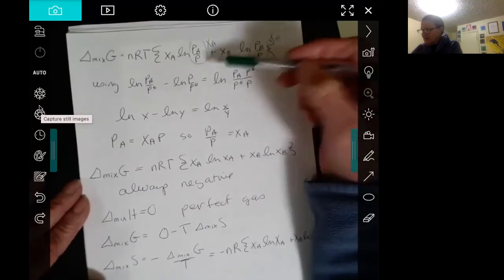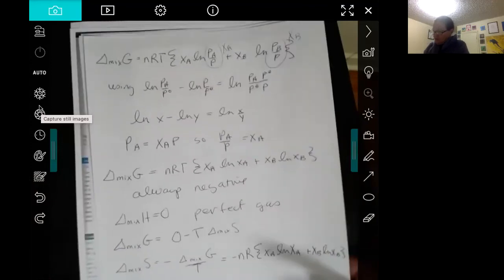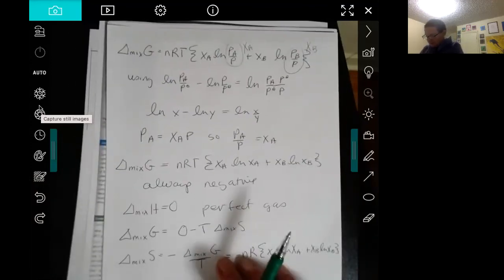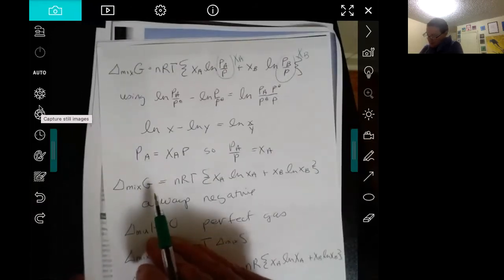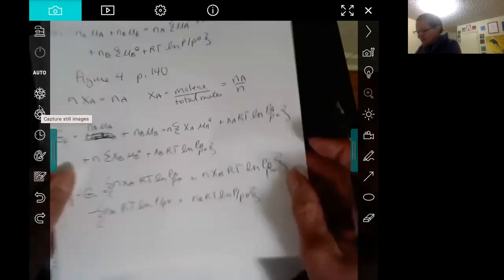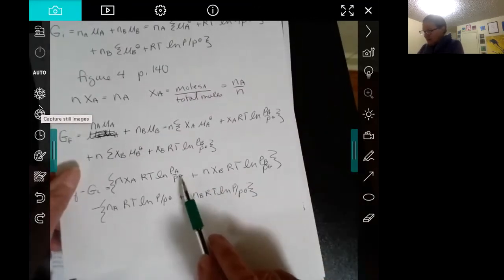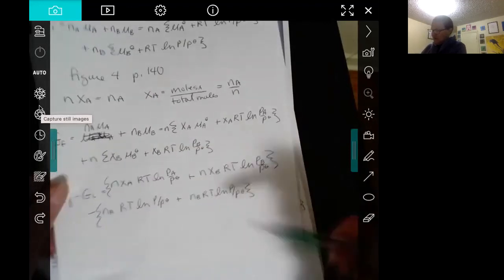So that's how we got to here. That's how we got from this equation, which would have had two terms for A and two terms for B.